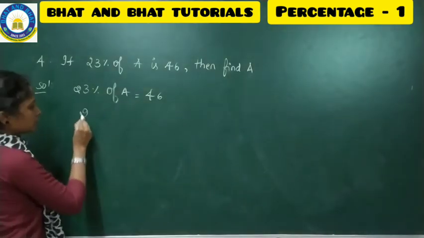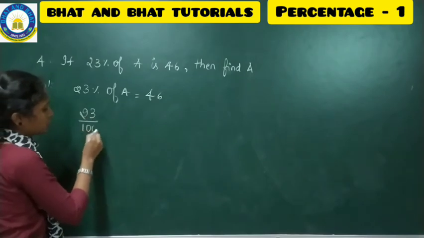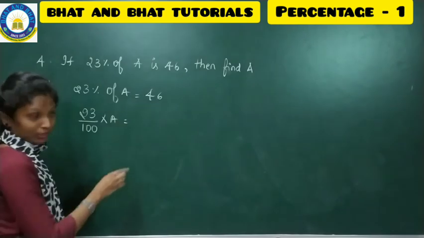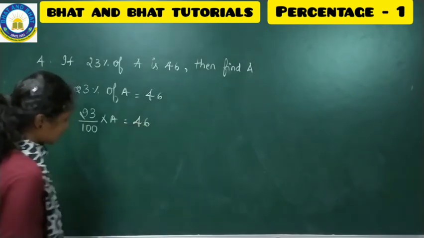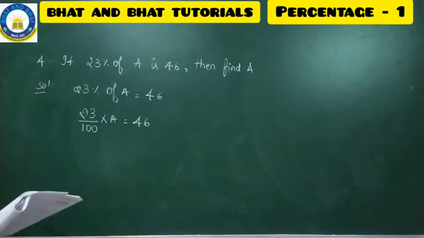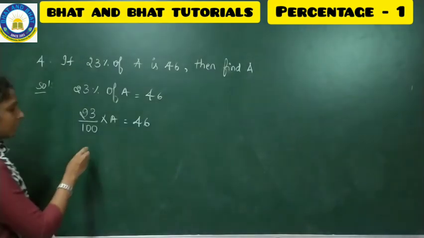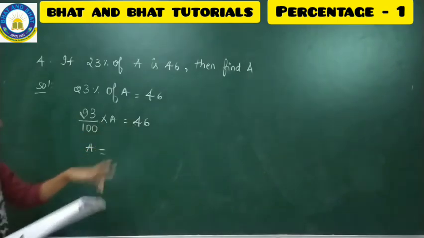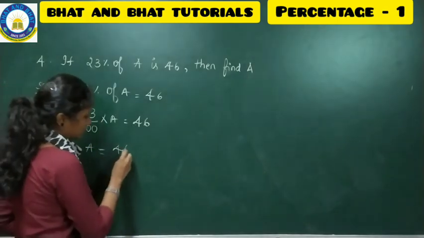So let us remove the percentage. 23 by 100 into A, where of is a symbol of multiplication, equals 46. Now I can take cross multiplication, or I can write A is equal to 46 into 100.